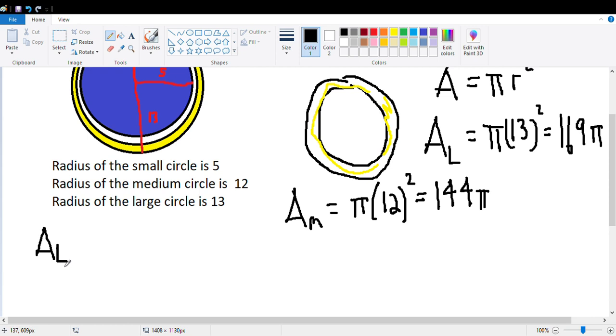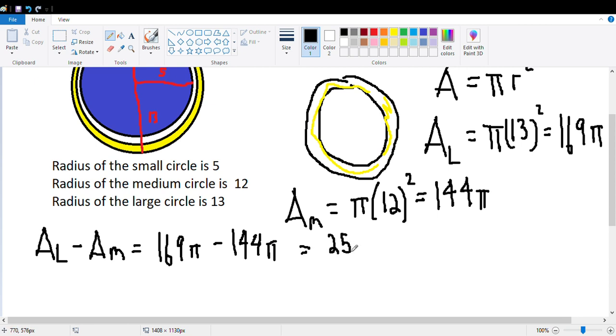So we're going to get area of large minus area of the medium circle: 169 pi minus 144 pi. And after subtracting that, we get 25 pi.